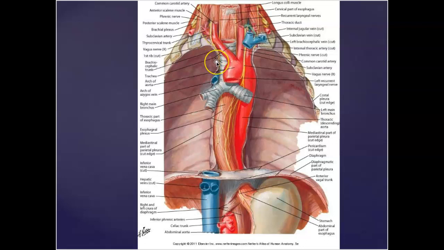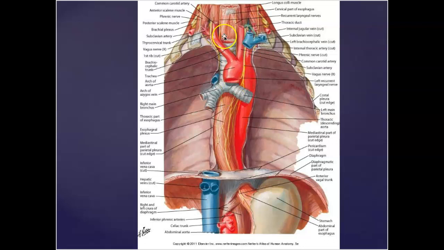And we talked last time about how that will branch then into the cardiac, esophageal, and bronchial plexuses, along with branches from the sympathetic trunk to form the autonomic innervation to those structures. So we talked about that last time.